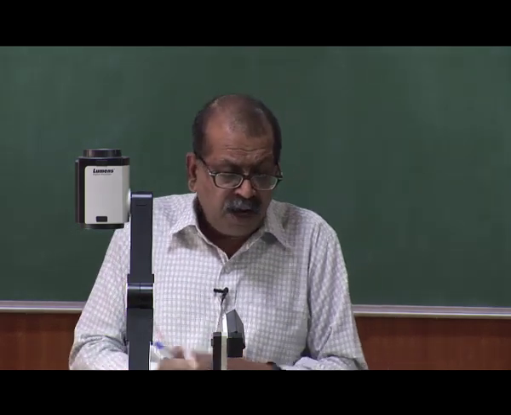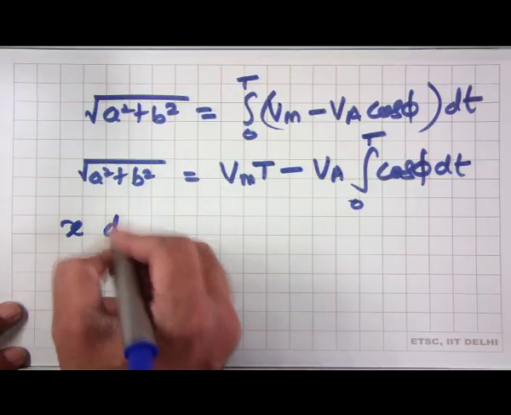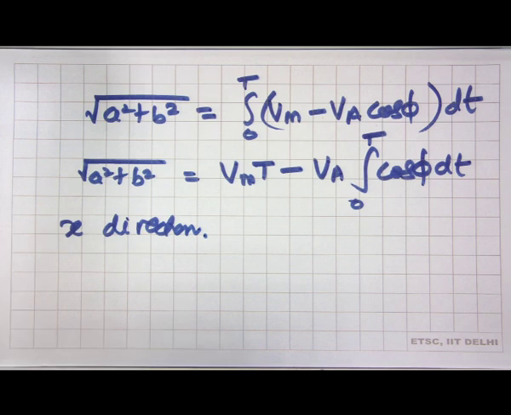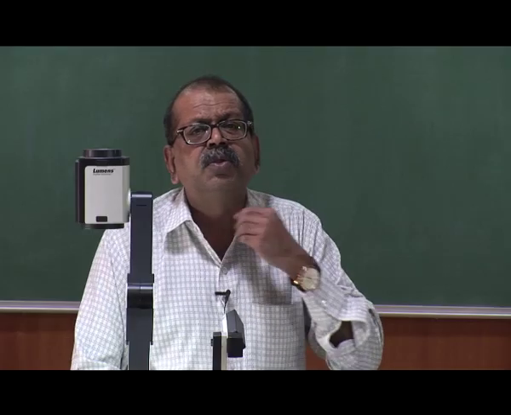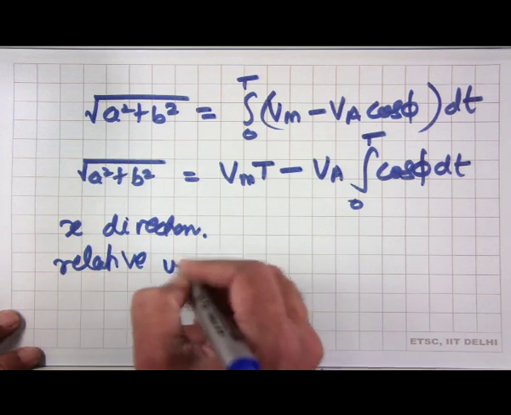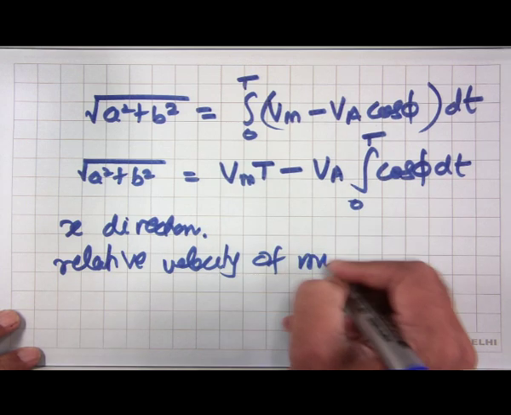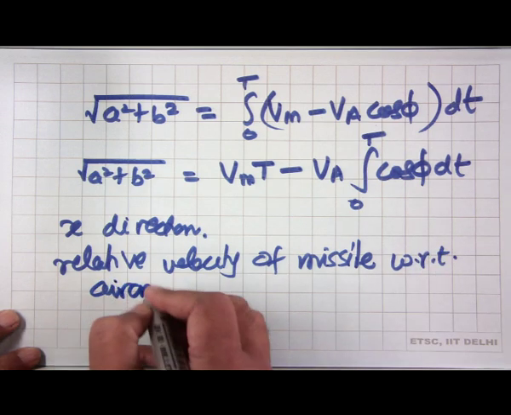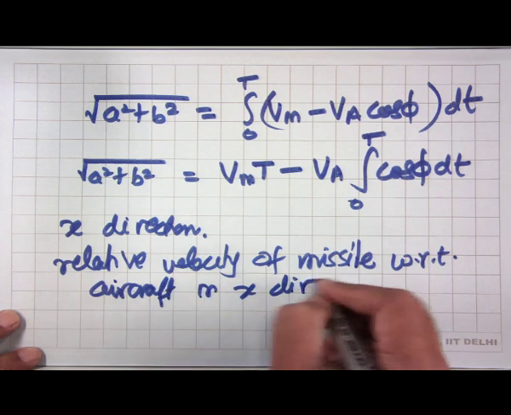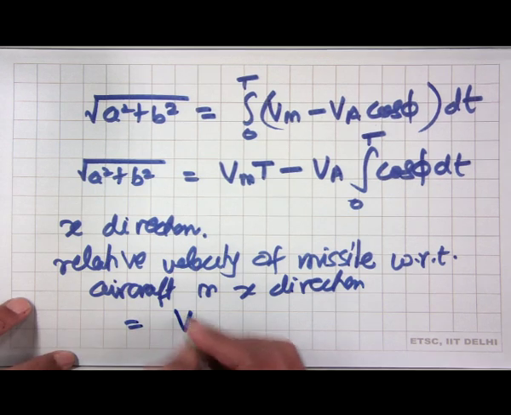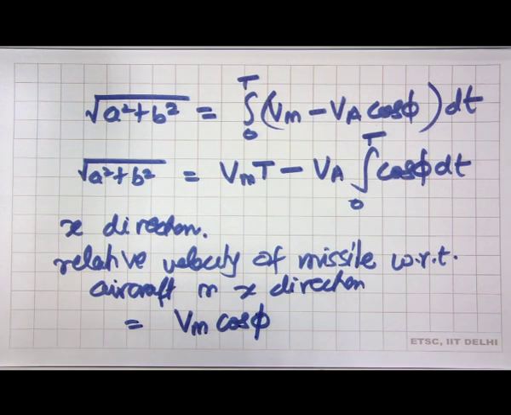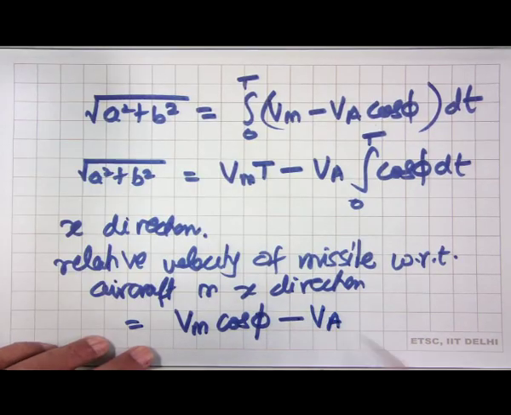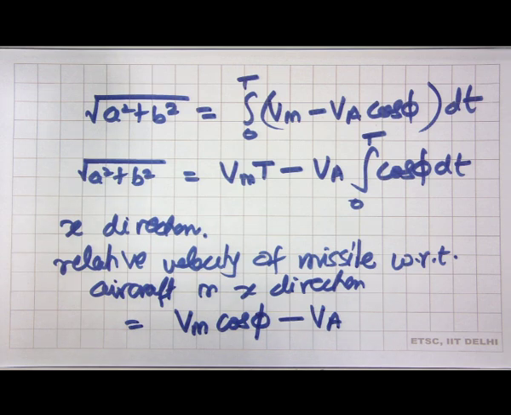So, then we ask the question, can we find the integral of cos phi from some other information which we have in the problem? And what we realize is, if we look at the x direction, because we have placed our coordinate system on the reference frame of the plane, the relative velocity of the missile with respect to the aircraft in the x direction will be equal to Vm cos phi, which is the x component of the velocity of the missile, minus the x component of the velocity of the aircraft, which is equal to Va.